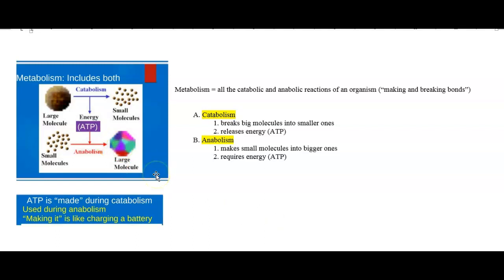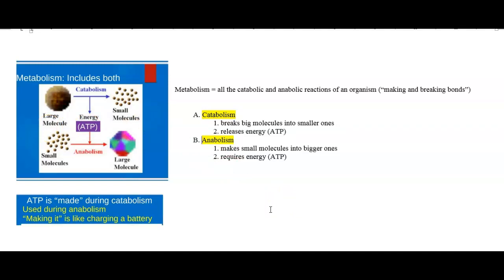Which one is going to be reduction? Remember reduction, you're going to receive it, so reduction would be anabolism, building. Oxidation, losing. So big molecules becoming smaller molecules.